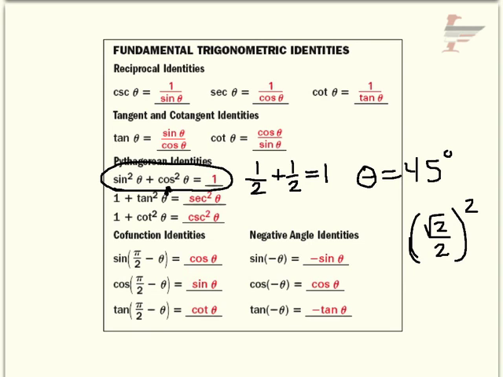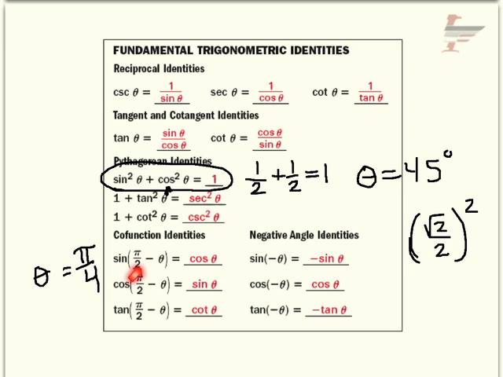Now we're in radians here, so let's just say theta is pi over 4. So if I take pi halves minus pi over 4, then you'll have the sine of pi fourths.